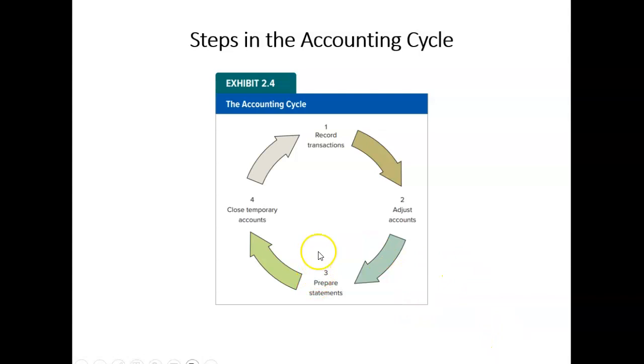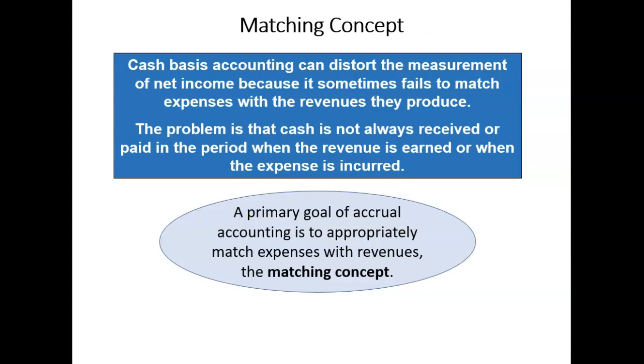You prepare your income statement, retained earnings statement, stockholders' equity statement, as well as your statement of cash flows. And then at the end of the accounting period, you're going to close out any account that is temporary to get prepared for the upcoming accounting period. And then next year, guess what? We do it all over again.